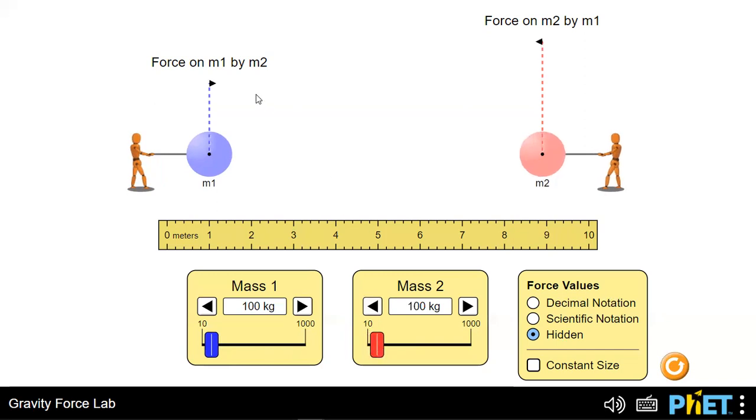You have noticed that there is now a visible arrow pointing toward each other. And we are going to place them with the same separation distance, M1 at 1 meter and M2 at 9 meters.